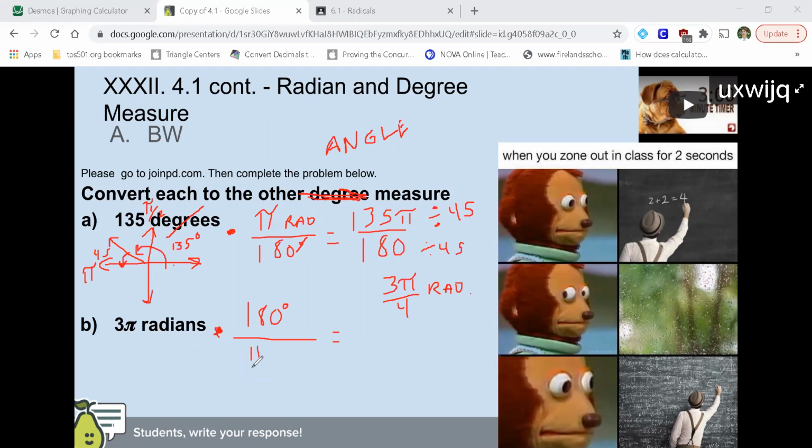Same rate, but you just flip it, where the 180 has to be on top. And the radians is now on bottom because I want to cancel out the radians and just have degrees left. The nice thing about converting radians to degrees is the pi's will also cancel out. And so really, this is just 3 times 180, or 540. Okay, any questions?